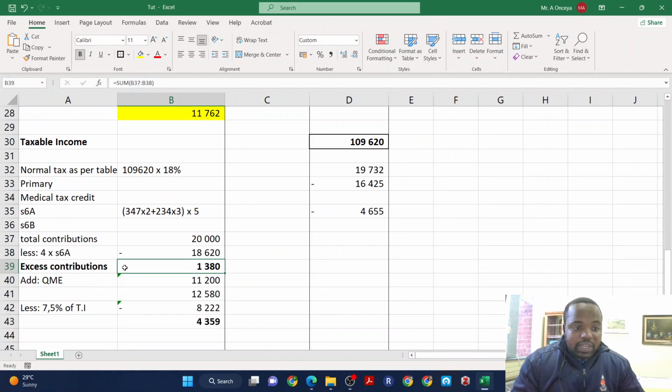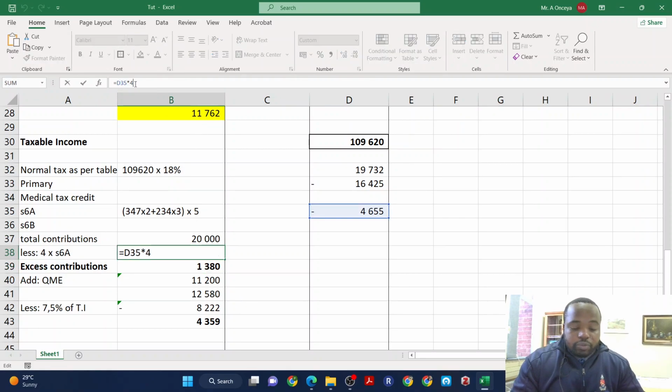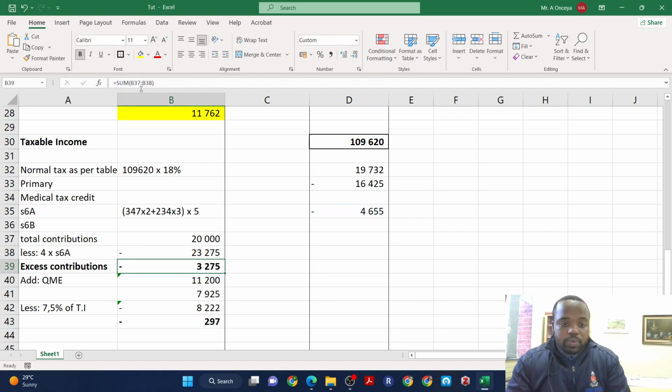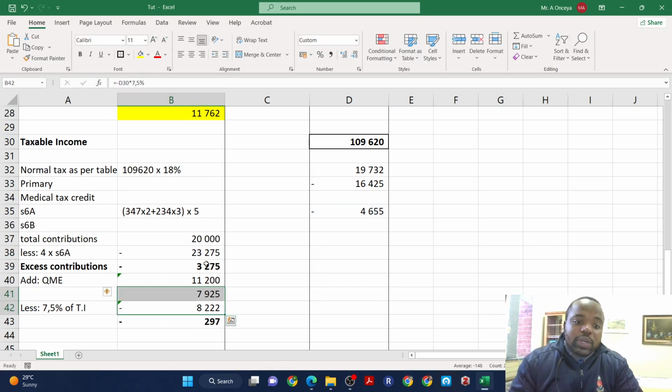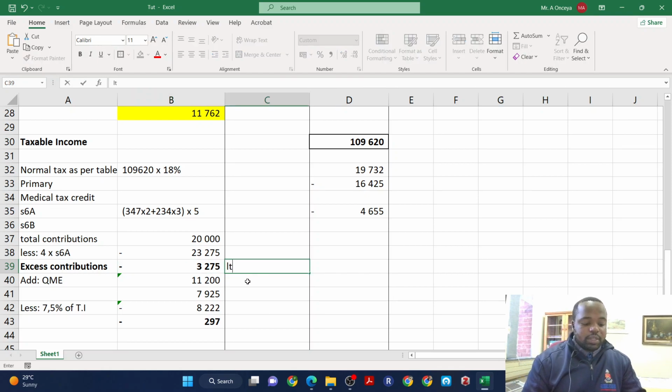If this was a negative number. First, let's start here. If there was no excess, meaning our excess was negative, for example, let's say our excess was minus 23,000, you would limit this to 0, right? You'd limit it to 0 if it's negative. Right here, limited to 0 if x is less than 0.